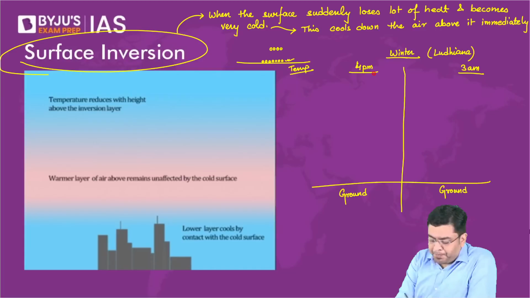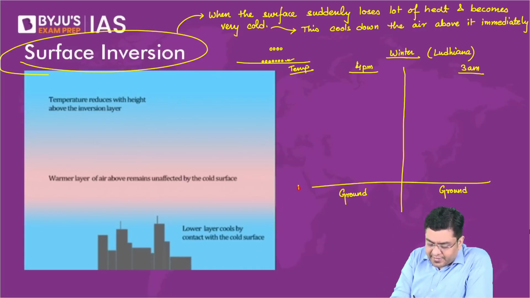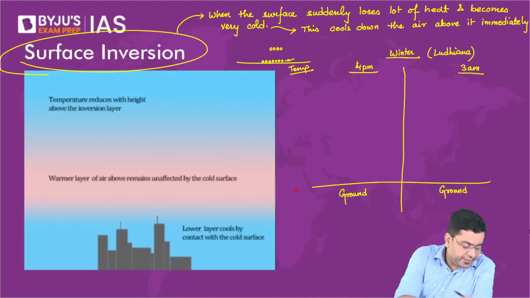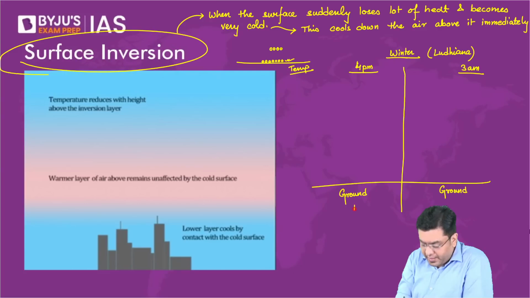Now at 4 p.m., let's suppose the ground temperature is 10 degrees Celsius. That is your ground temperature. And try to apply your logic here, guys. Don't simply look at what is being written.